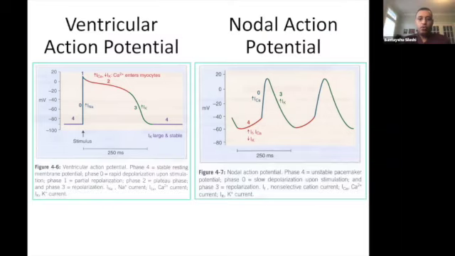So that's the most important part that I want you to remember from this picture: regular cells require a stimulus to go from phase 4 to phase 0 and phase 1, whereas the automatic cells or conduction cells, their phase 4 has a slope. And without any need for a stimulus, they're able to generate an action potential. So that is very, very important.